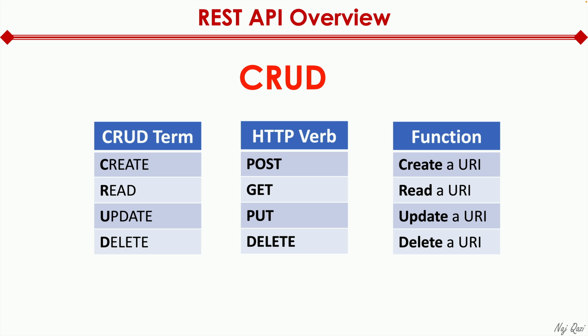So let me explain. The term create in CRUD equates to POST in HTTP, which actually means create a URI. You can think of a URI as an object. So basically what we're saying when we POST something to HTTP is we are basically creating an object. When we say HTTP GET, we're reading an object.